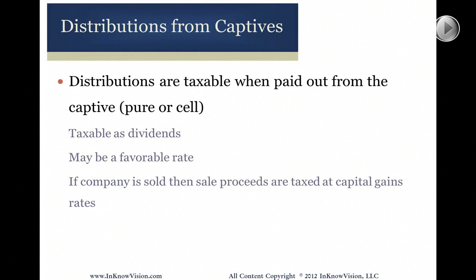I've had discussions with people who are doing this, and I can't point to any code section that says they're wrong. All I can do is point to a history of the Service attacking anything that looks like tax-deductible life insurance. People tell me anecdotally that the Service is looking at this. I don't have any personal information on it. Who knows what's going on?